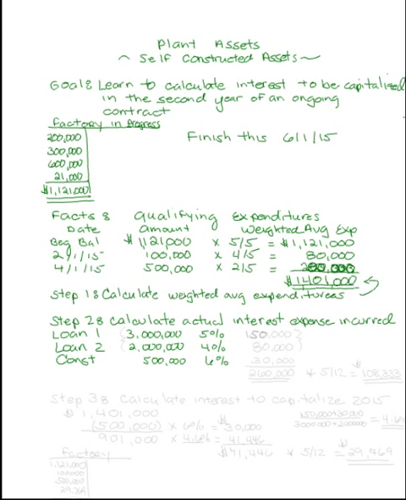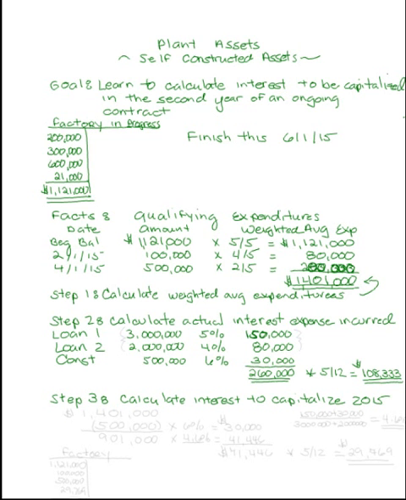The interest for the whole year on these loans is as shown, but we don't need interest for a whole year. We need to calculate it for the 5 months that this project was in process for 2015. That becomes $108,333.